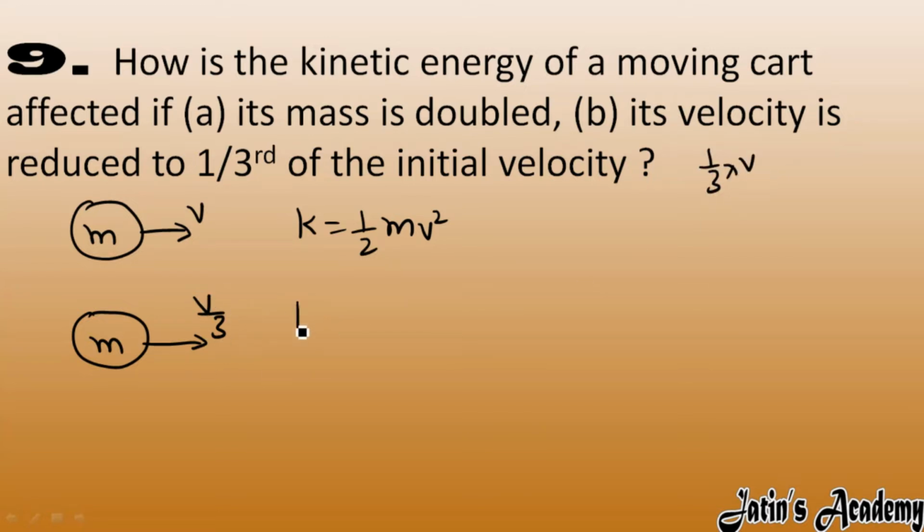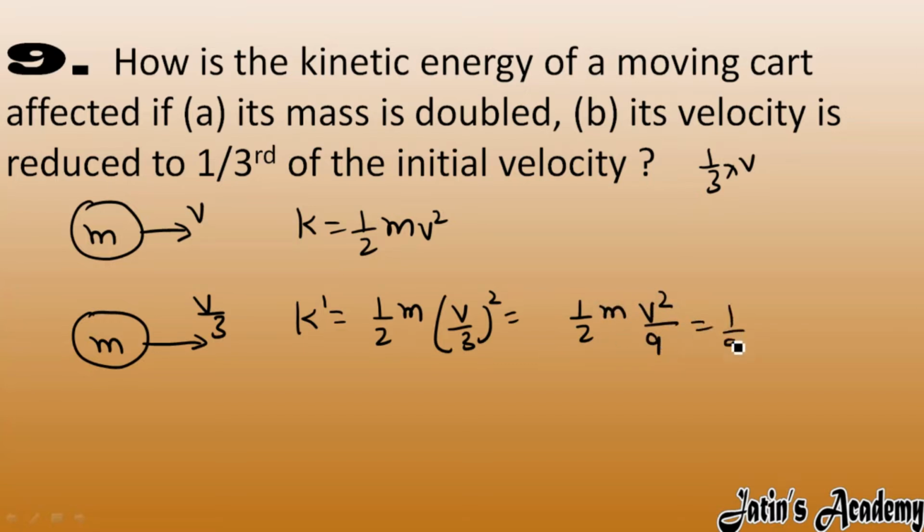So final kinetic energy K dash is half m, value same, v. Now new v we have is v by 3. So here we got half m v square by 9. Just take 9 outside. So 1 by 2 half m v square.